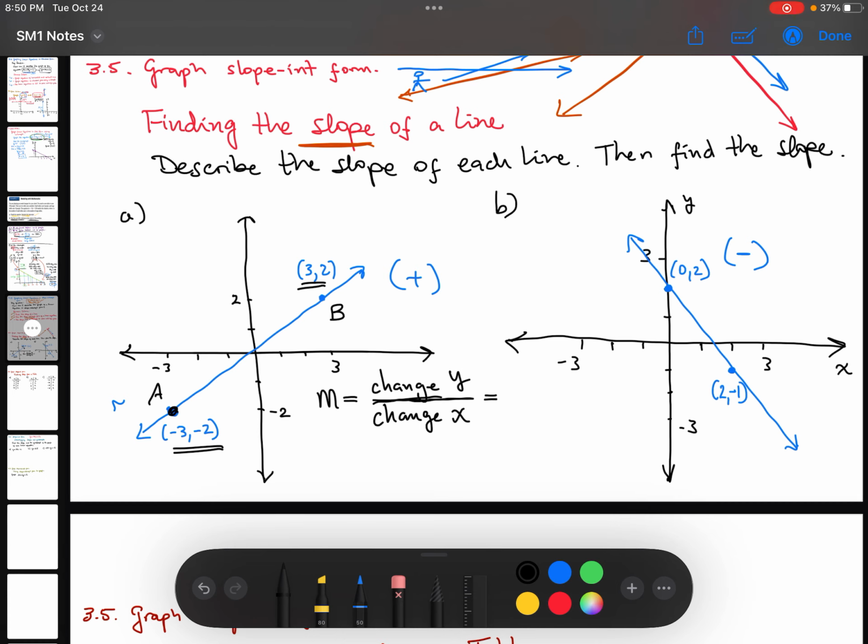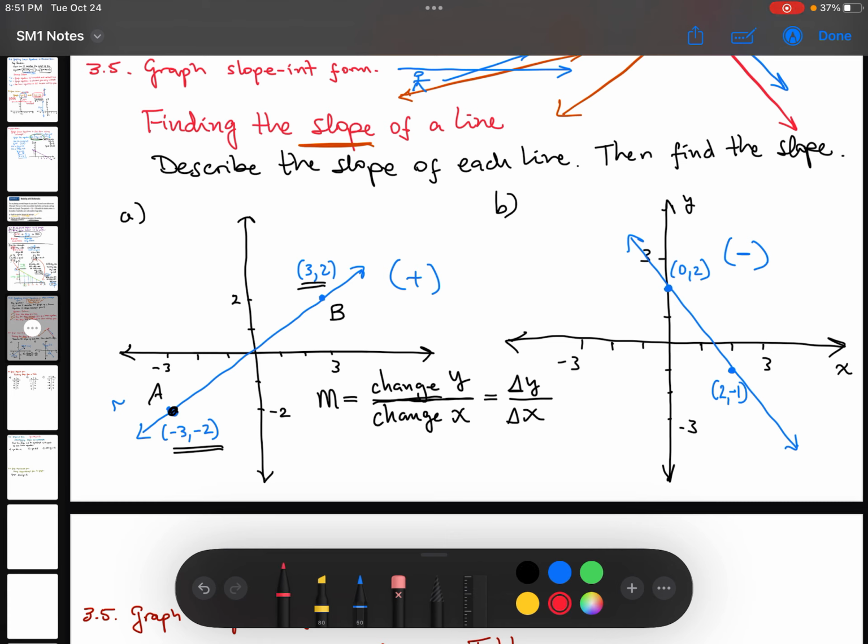Actually, that change in y and change in x is better written with the triangle, which is the Greek letter called delta. Delta y divided by delta x. What is the meaning of that? Well, you will understand in a moment. Change of y. Do you remember the concept of rise over run? Well, that's it.